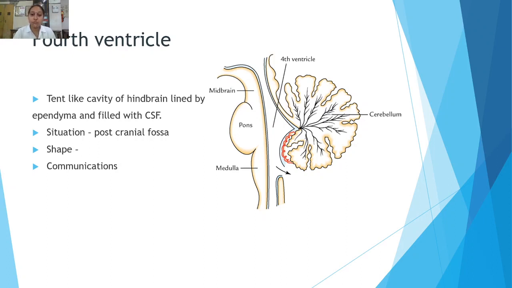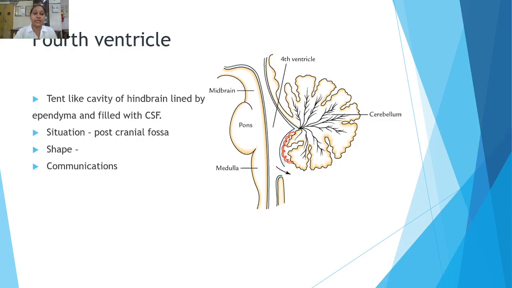The communication between these internal and external parts of the circulation is through the roof of the fourth ventricle. So any pathologies arising in this region are clinically very significant. That's why we need to understand the fourth ventricle structure very well. So, let us proceed to the topic.